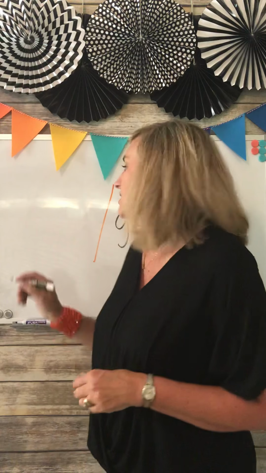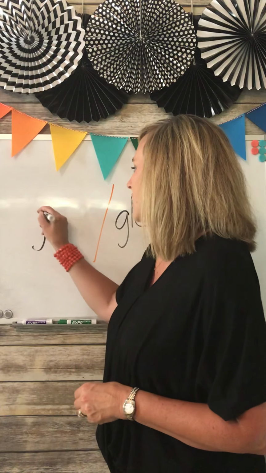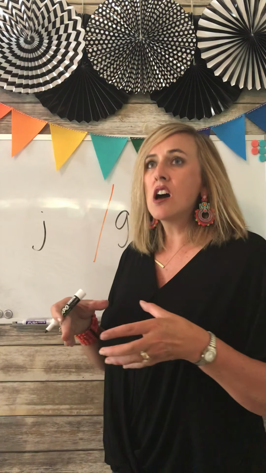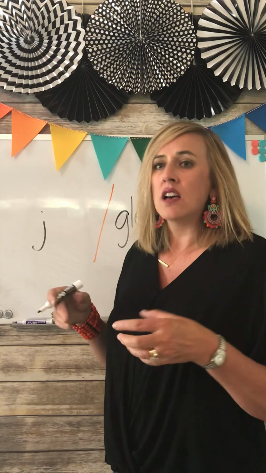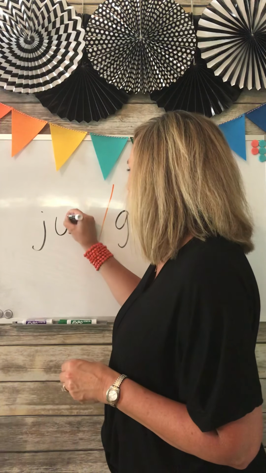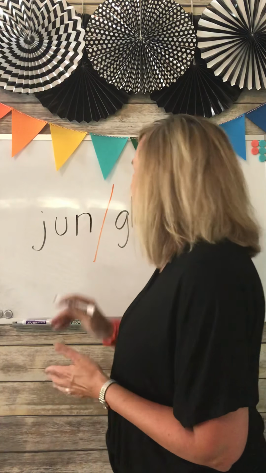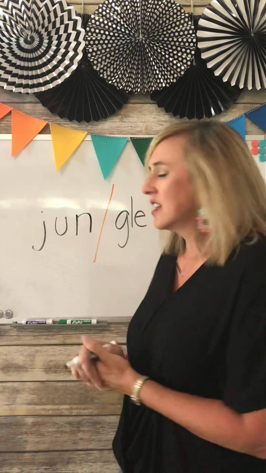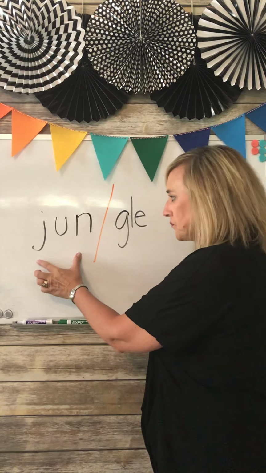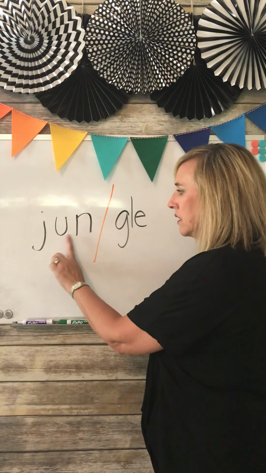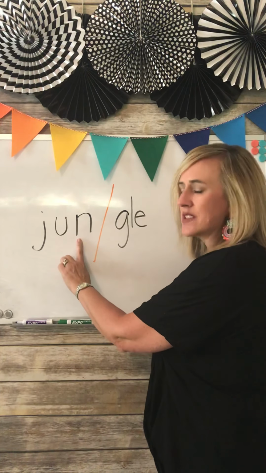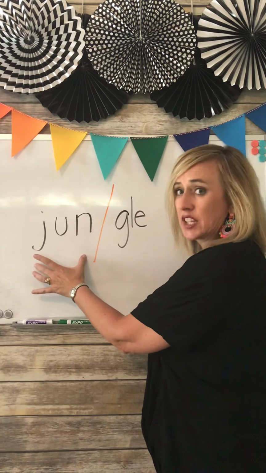The first sound I hear in that syllable is J. U says its short sound. So looking at this syllable, I've got one vowel, and a consonant as the last letter in this syllable. That's the definition of a closed syllable.